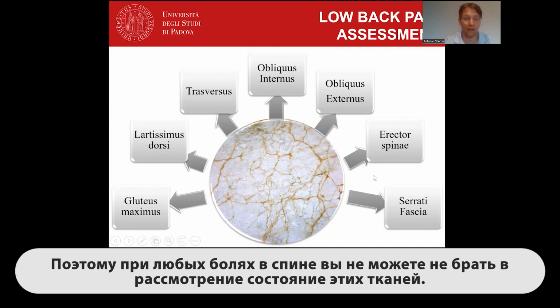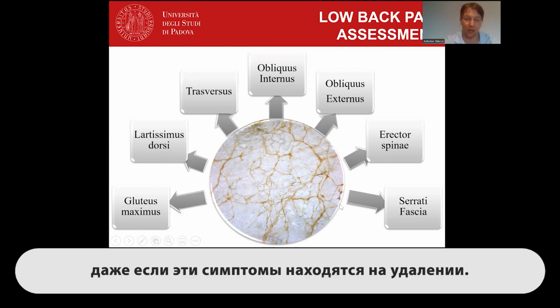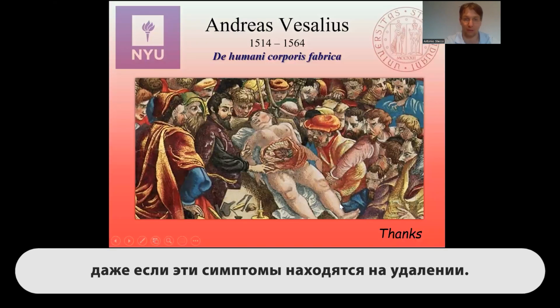You have to try to find out if there is some area that doesn't glide properly, which can be the origin of the problem. Even if the symptom is far away, the rigidity can be in one place, and the symptom appears where the incorrect tension discharges, over the enthesis, the joint, or wherever it is. So it is very important to take into consideration the fascia as a source of pain.